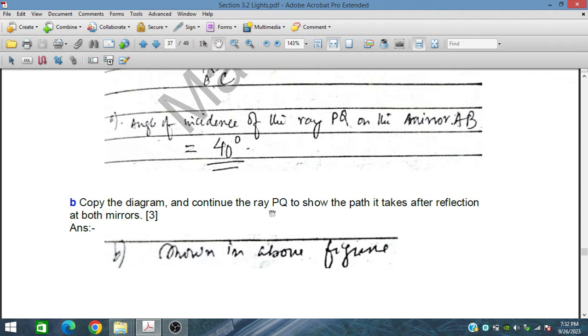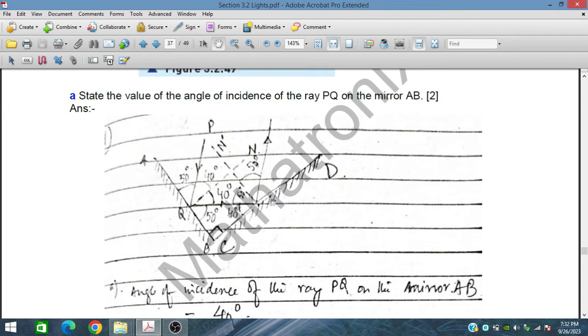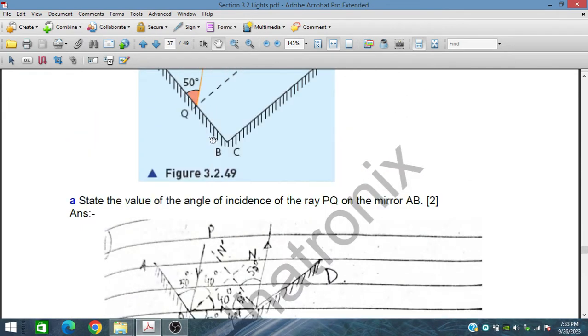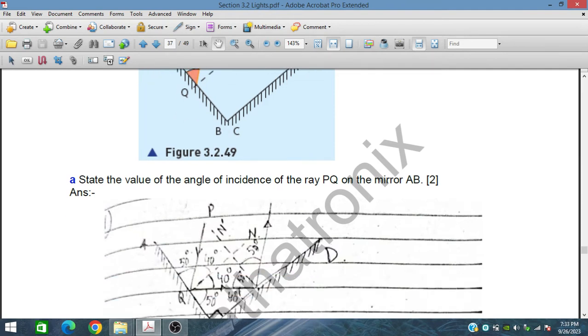copy the diagram and continue the ray PQ to show the path it takes after reflection at both mirrors. So for both mirrors we can see the figure here. This is the incident ray PQ, and it enters on the first mirror AB with an angle of 40 degrees with the normal, so the reflected ray will also have 40 degrees.